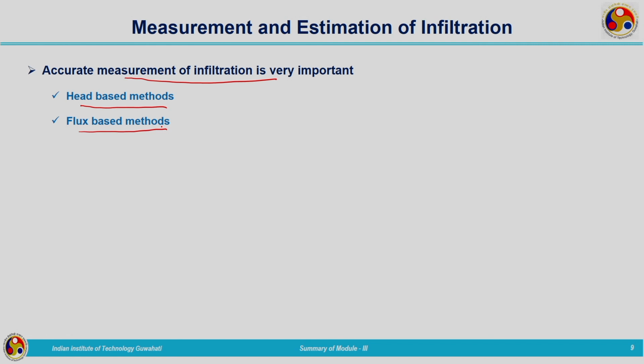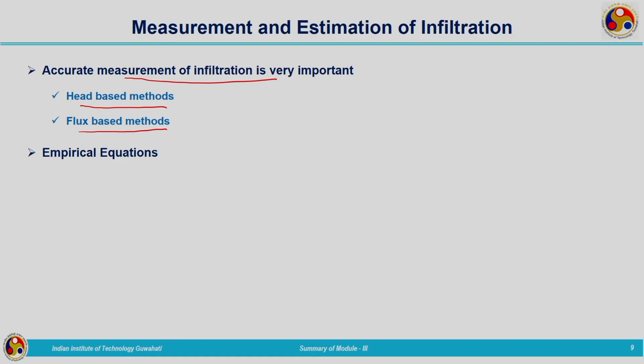In the head based approach, we were providing a certain head of water and based on that the measurements have been carried out. In the flux based approach, we have provided a certain intensity or flux for infiltration to take place, but we have not gone deep into the flux based approach. We were giving importance to commonly used head based approaches based on the infiltrometers.